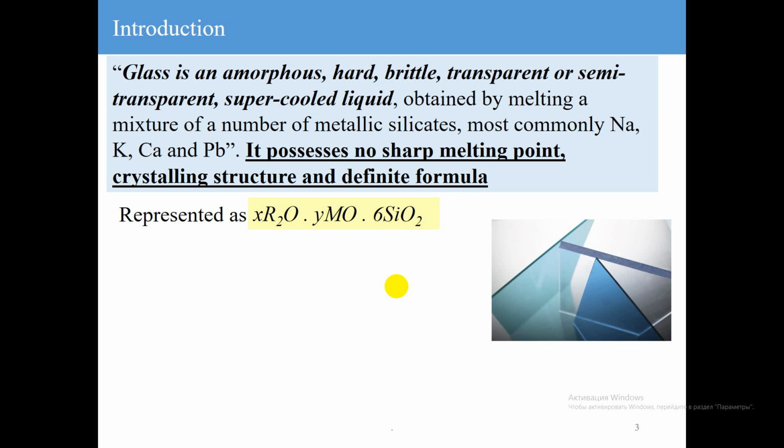Decorative and artistic objects are still made in large numbers. Glass is a hard, transparent solid at room temperature. Also, it's often described as a supercooled liquid and sometimes as an inorganic polymer.